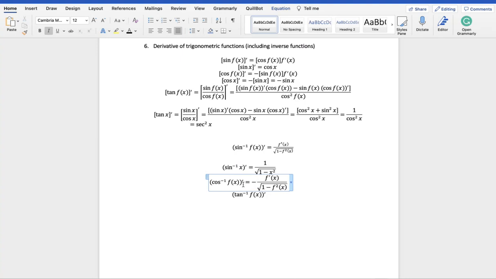And once again, if you have the special case of cos inverse of x, and you're trying to find that derivative, it's just going to be equal to minus 1, in the numerator, divided by the square root of 1 minus x squared. So that's for the special case of cos inverse of x.